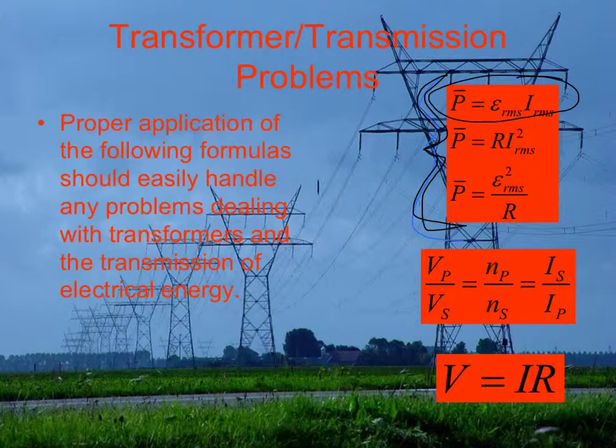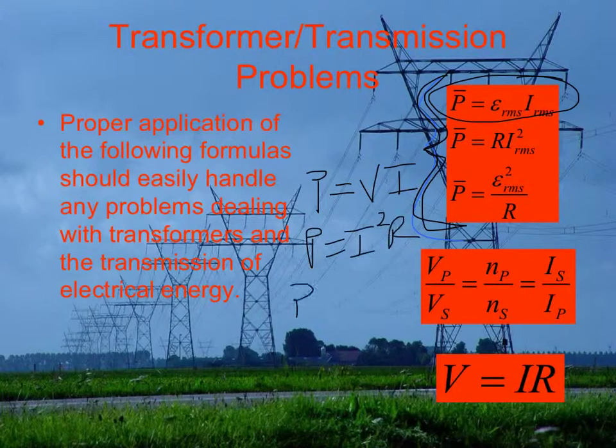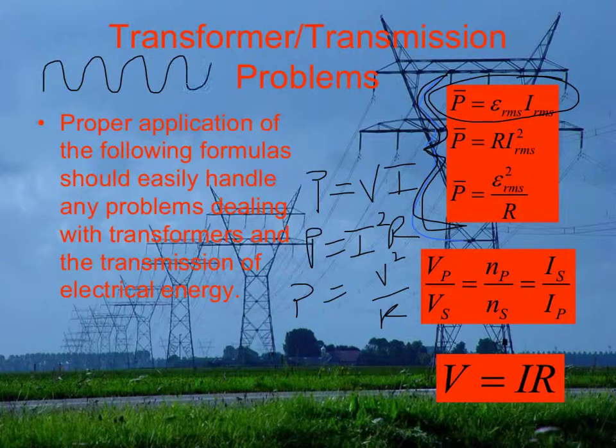And remember, these are just our P equals VI, P equals I squared R, and P equals V squared over R, applied specifically to AC electricity, to AC power conduction. And we have to use the root mean squares, again, because of the cyclical nature of alternating current power transmission and generation.